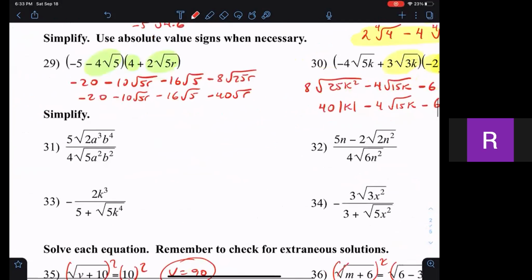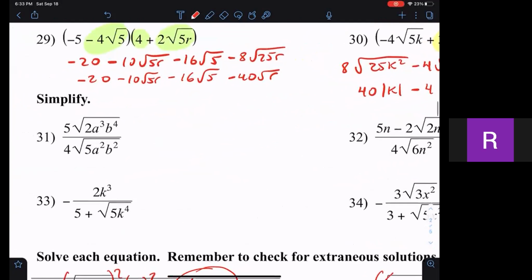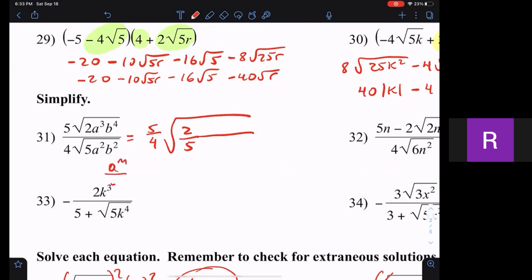Next is this, right? Okay, so 5/4 doesn't simplify. I'm going to put everything into a square root, so that's going to be 2 over 5, right? Because that doesn't simplify. We have the rule for dividing powers with the same base, so that's going to be a to the 1.